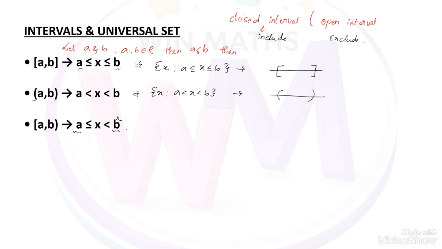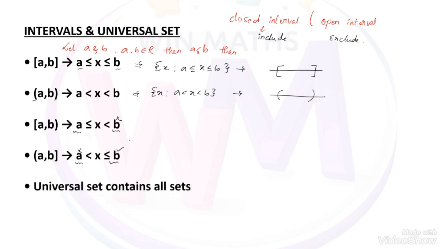That's why the endpoint B is not included, and we have to make an open interval there. Here the endpoint A will be included, so we take this one. Next, semi-open: here the endpoint A is not included and B will be included. This is the intervals.